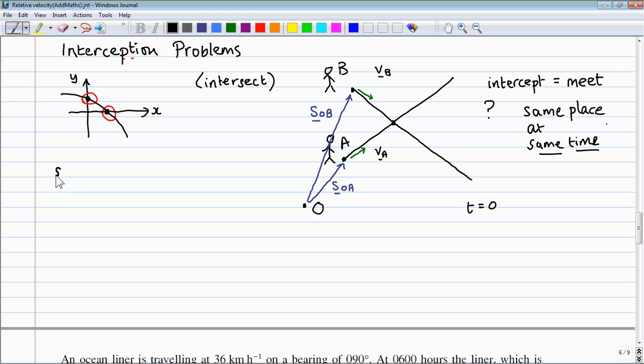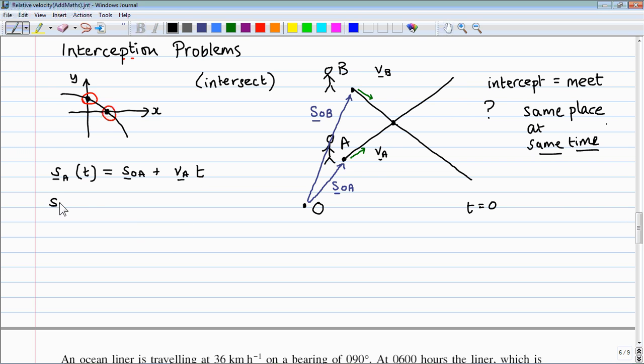Well, we should write it something like this. I'll just write it, you'll see what I mean. The position vector of A as a function of time, because as time progresses A will move along his path, will be S0A, which we've already identified as the position vector of A at the beginning, plus the velocity of A multiplied by time.